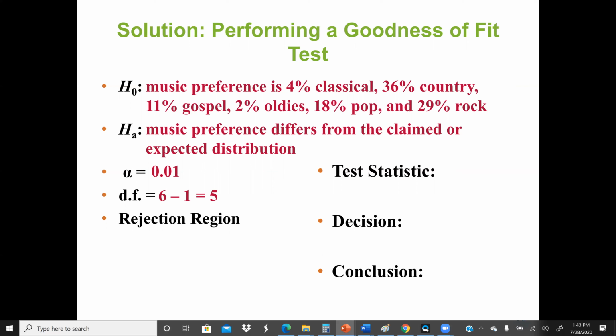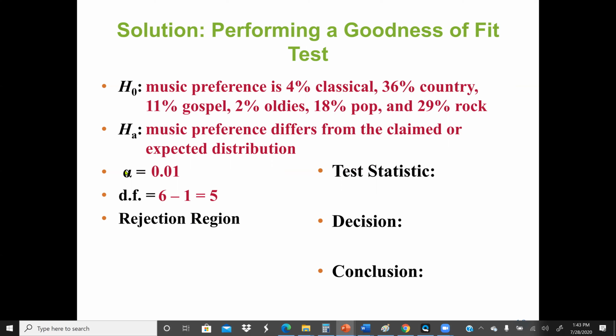But with chi-square, the degree of freedom is not the sample size, but rather the number of categories. That's why we represent it with K, the number of categories. Here we have 6 different categories for the music, so our degree of freedom will be 6 minus 1, which gives us 5.